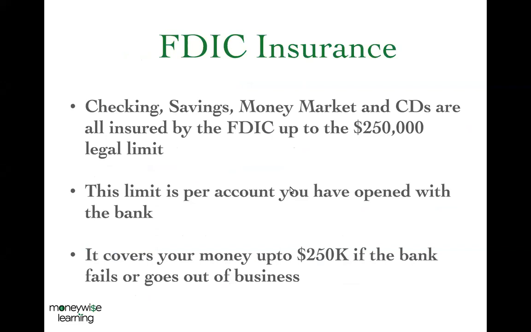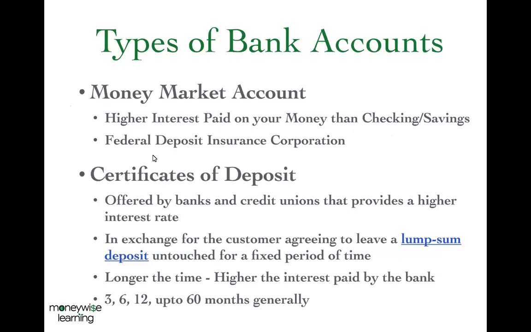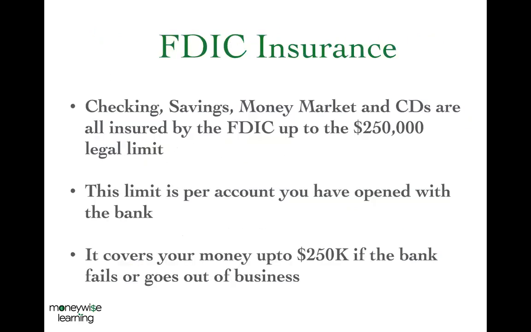So all the bank accounts are insured by FDIC. FDIC is what I mentioned here, Federal Deposit Insurance Corporation. Remember I talked about insurance a lot the last 2 weeks ago. And your accounts are all insured by FDIC up to 250K limit, all these four kinds of accounts.